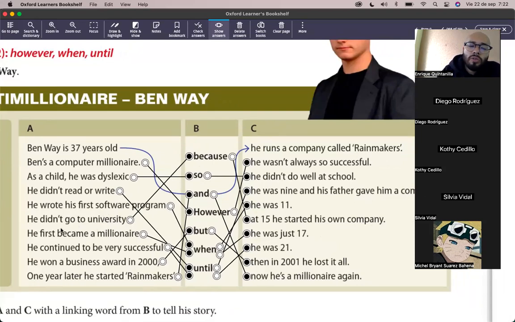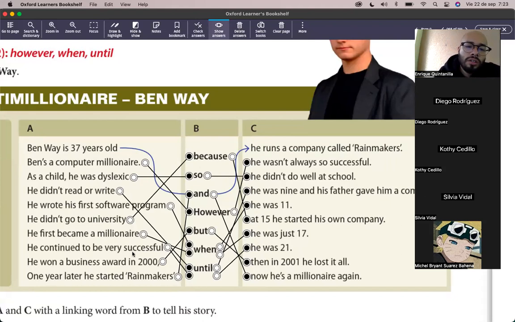He became a millionaire when he was just 17.